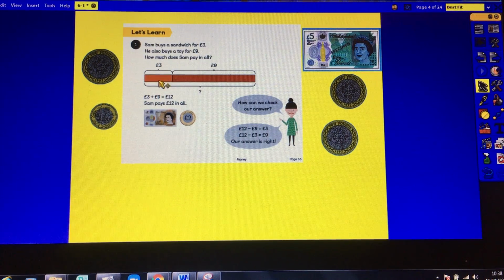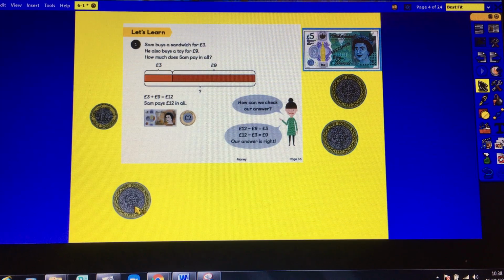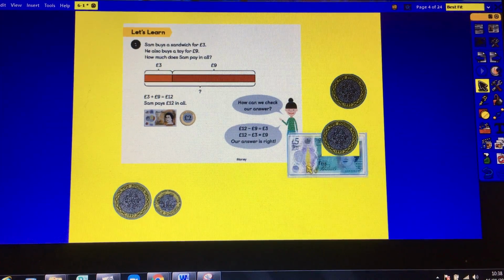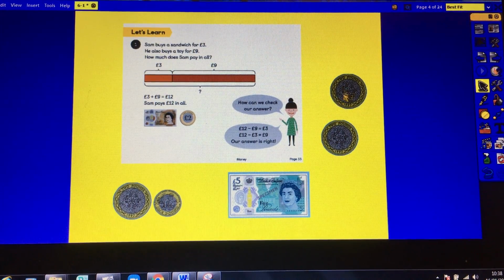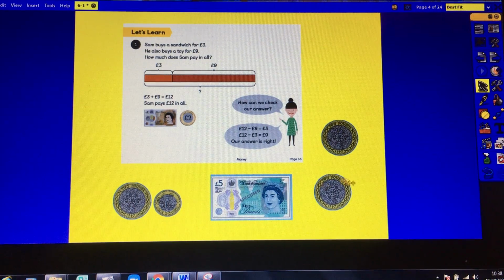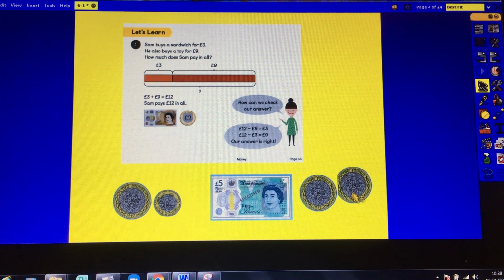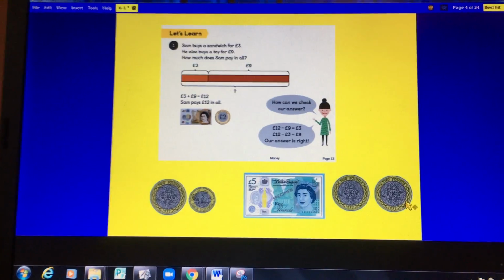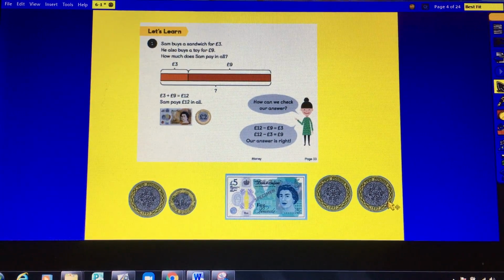So first of all, we've got £3. I've chosen to represent that £3 with a £2 coin and a £1 coin, because 2 add 1 equals 3. And for the £9 I've chosen a £5 and two £2, because 5 add 2 makes £7, and £7 add 2 more pounds equals £9.